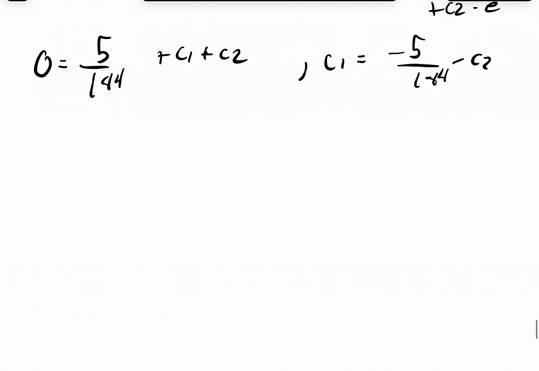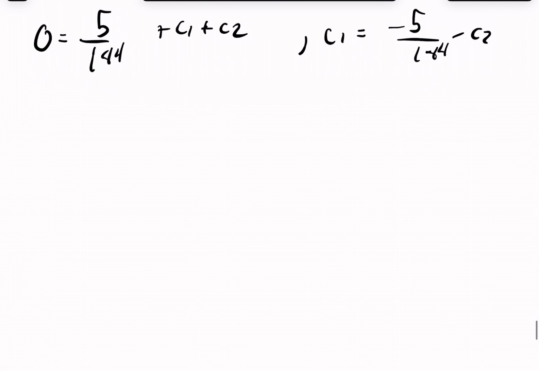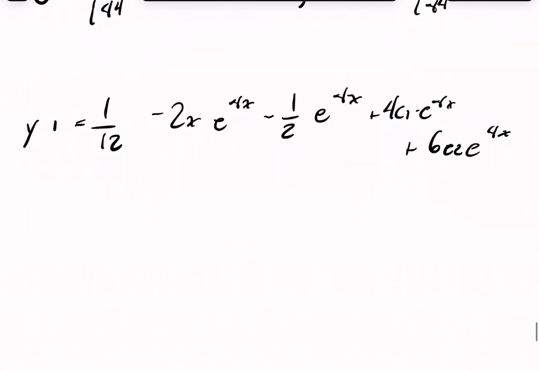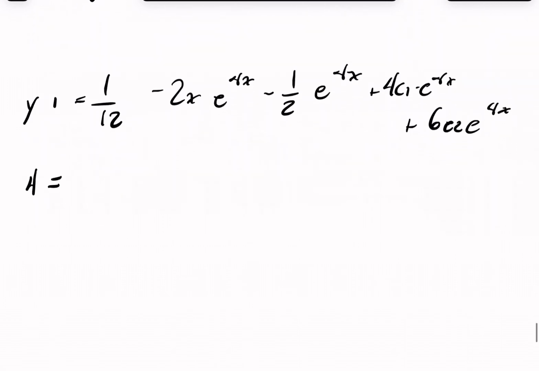I organized that just so we can get back to it. Y prime equals 1 over 12 minus 2x e to the 4x minus 1 over 2 e to the 4x plus 4c1 e to the 4x plus 6c2 e to the 4x. Then we get 4 after we plug it in, right? Equals 1 over 12 minus 1 over 2 plus 4c1 plus 6c2.